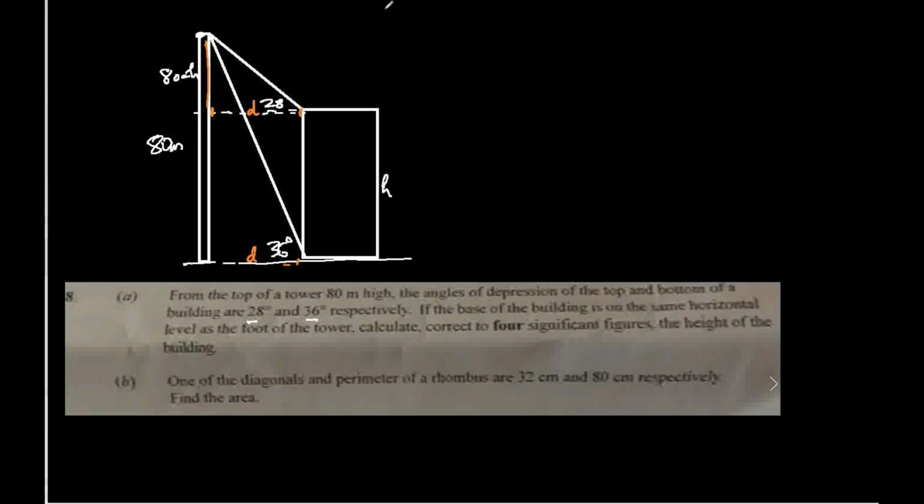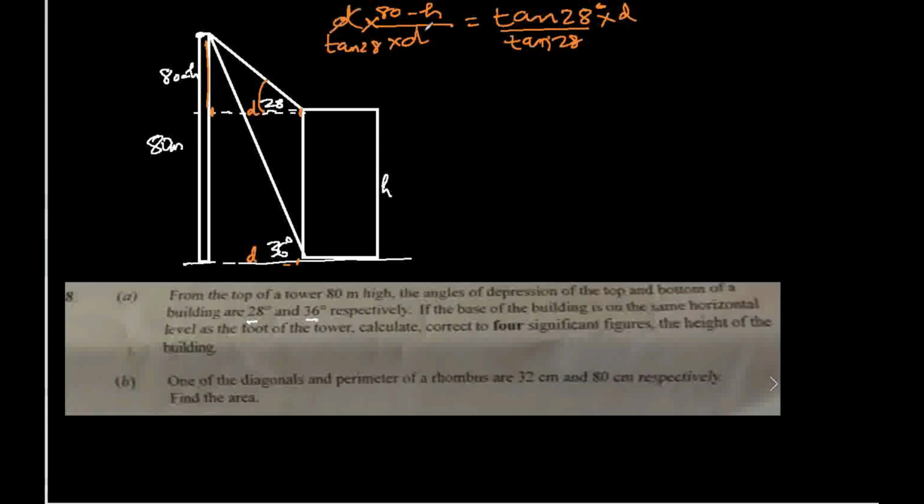In this triangle, 80 minus h is the opposite to 28, divided by the adjacent, which is d, will be tan 28 degrees. Now I want to find d, because d is my creation. So I'll cross multiply by d here and d here, and divide this side by tan 28 and divide here also by tan 28.